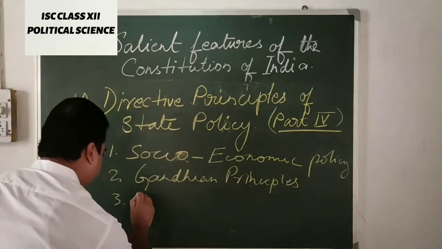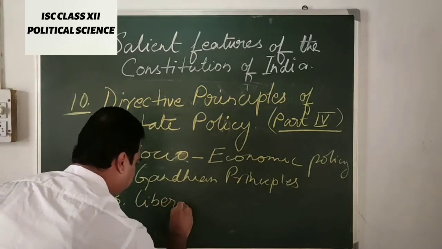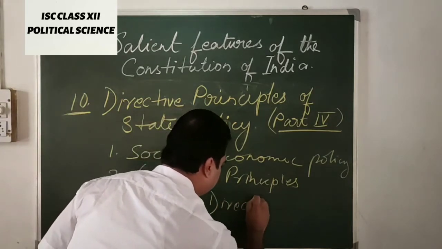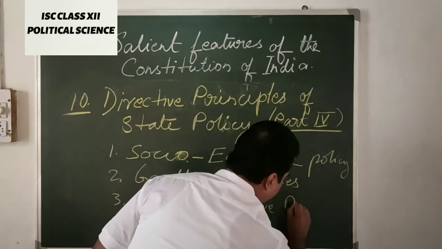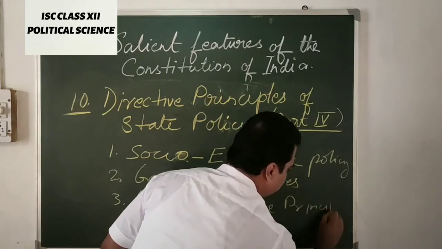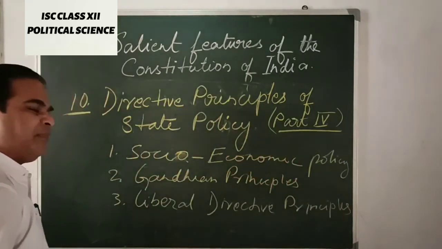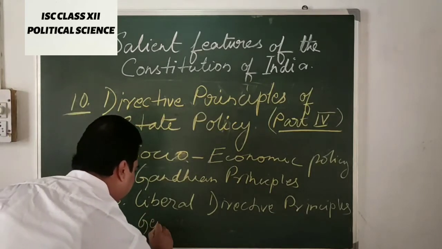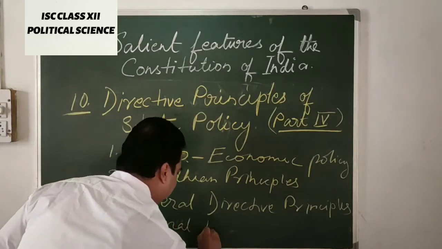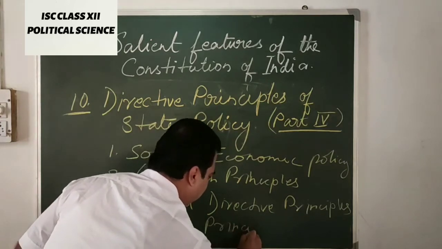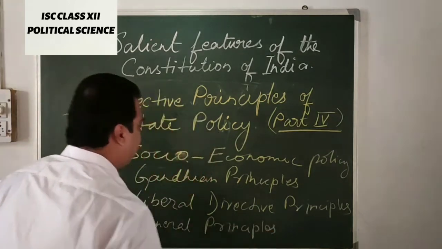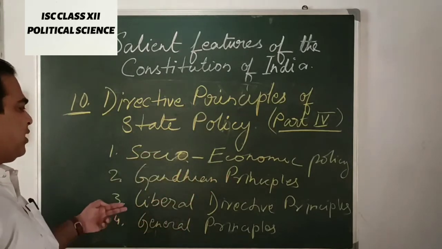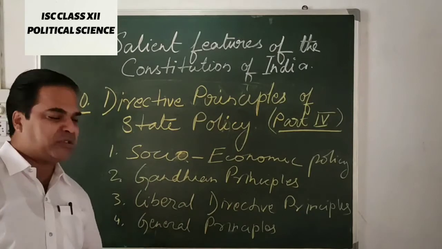Number 3, liberal democratic principles. The fourth one is general principles. So, socio-economic policy is there, Gandhian principle is there, liberal democratic principle is there, general principle is there.